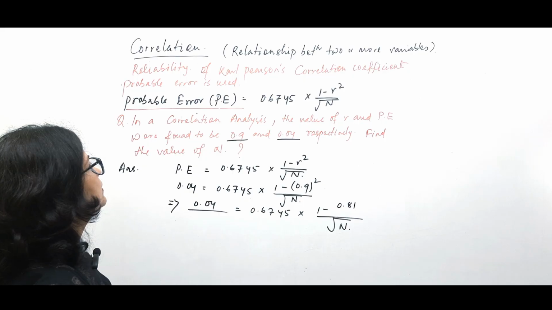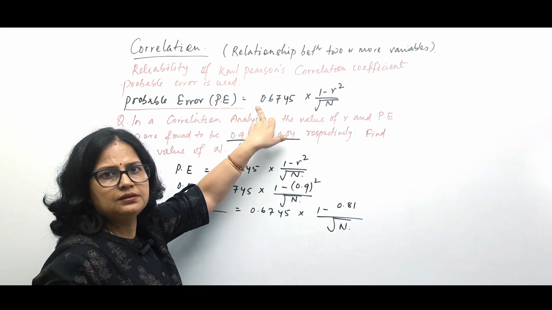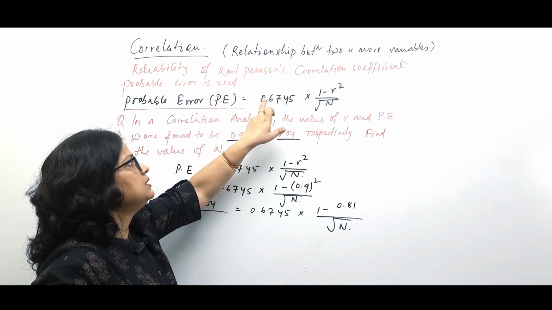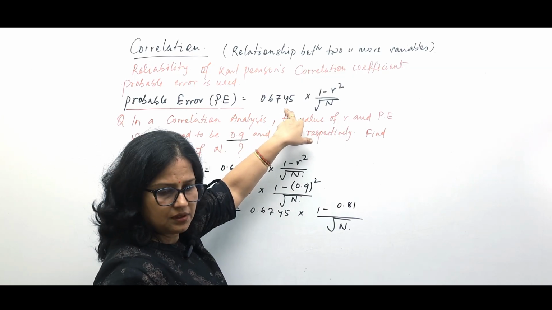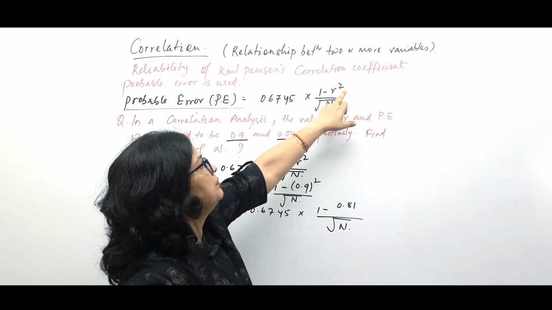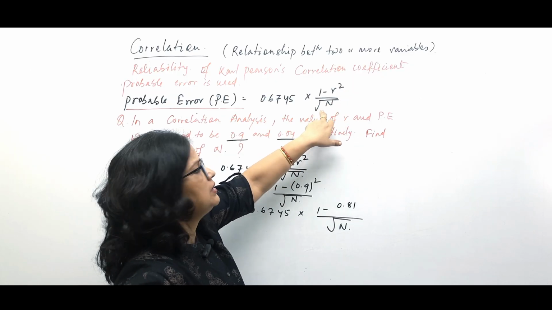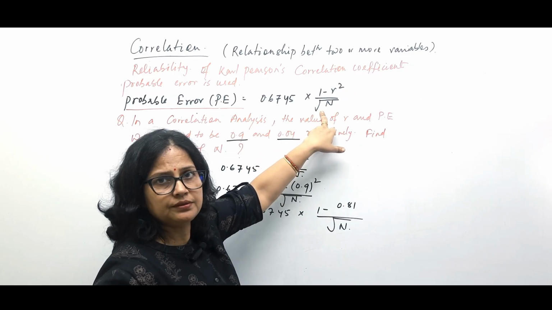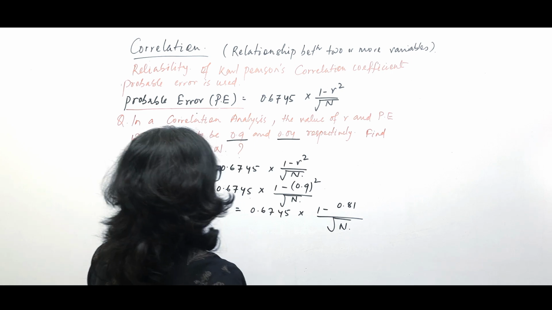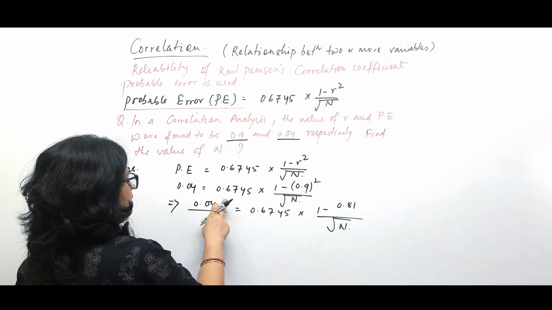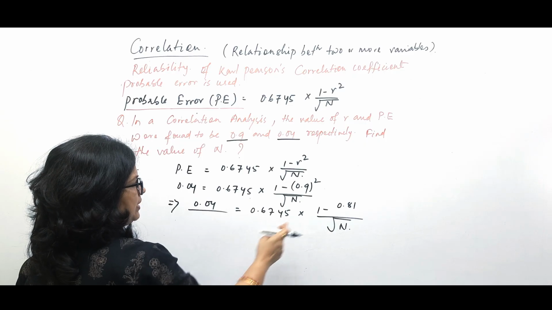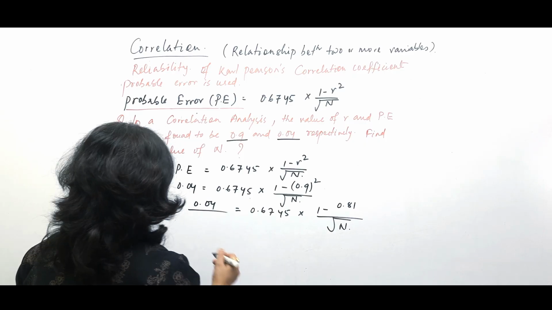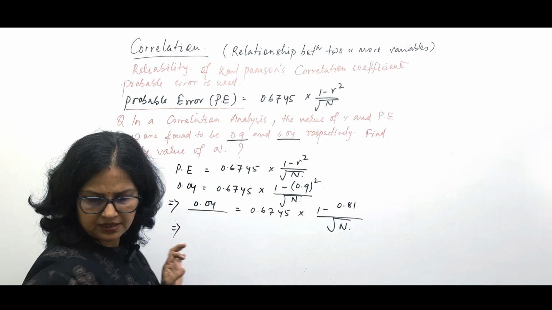Please rectify the formula: it is 0.6745 into (1 minus r square) divided by root over of n. So this is root n. You can write it like this, 1 minus 0.81.